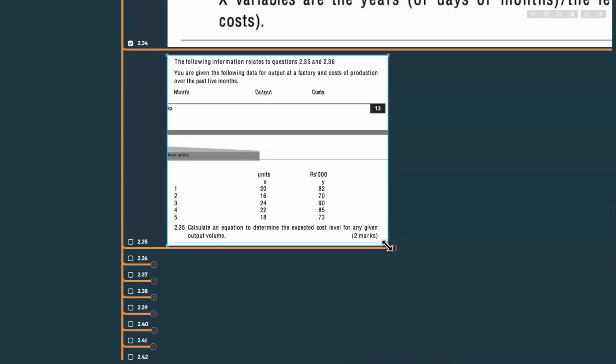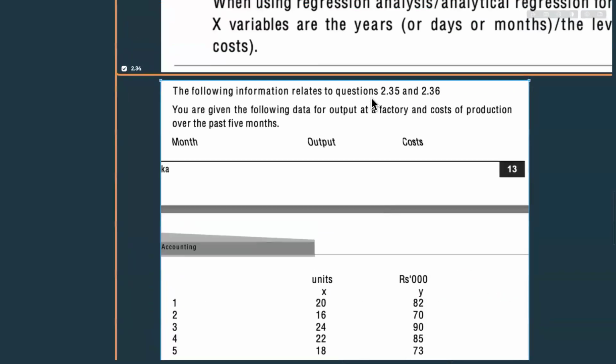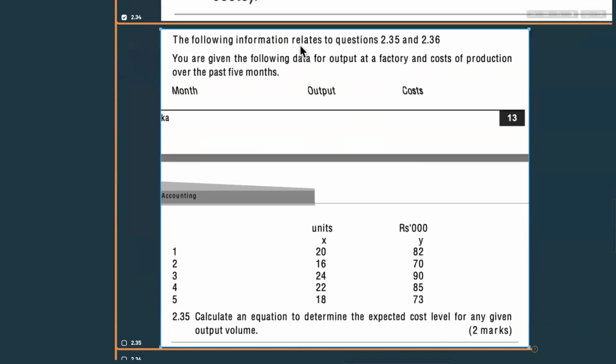The following information relates to question 2.35 and 2.36. You are given the following data for output at a factory and cost of production over the past 5 months. The output and the cost.